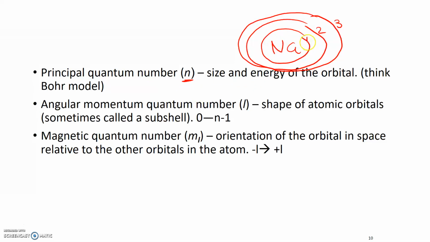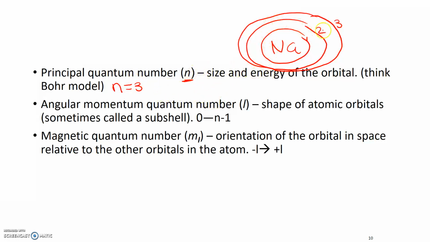The first one is 1, the second one is 2, and so on. So for sodium, the quantum number would be n equals 3. And these also happen to correspond to the periods on the periodic table. Sodium is on the third period, and its electrons are going to go up to the third principal quantum number.